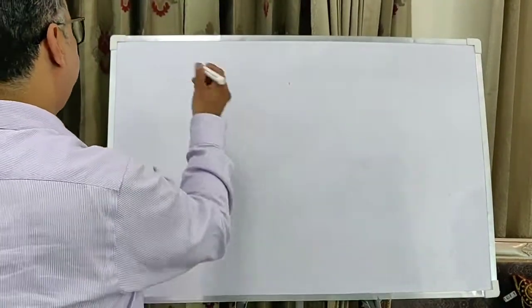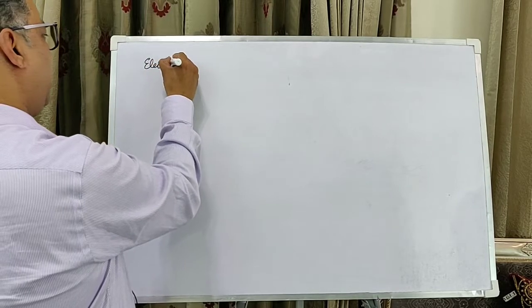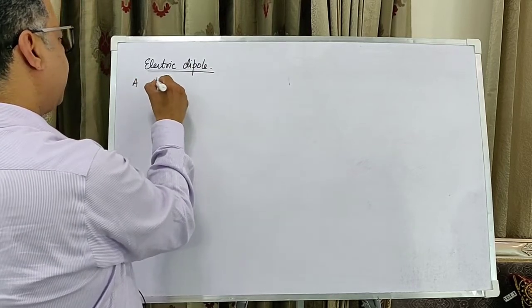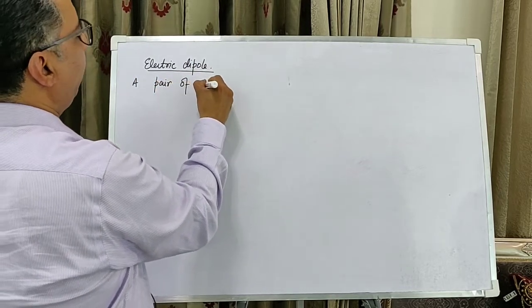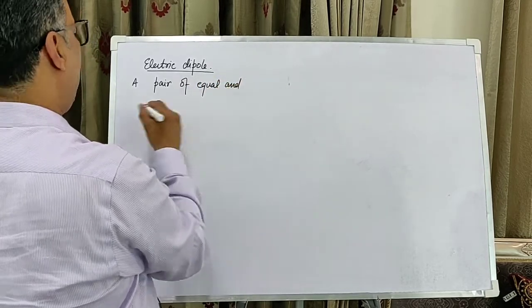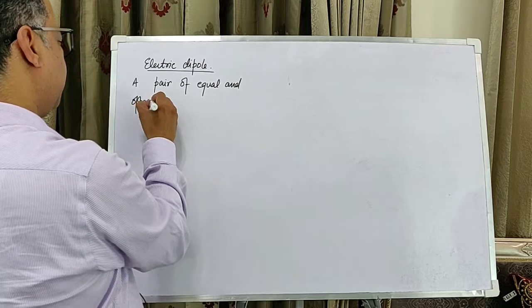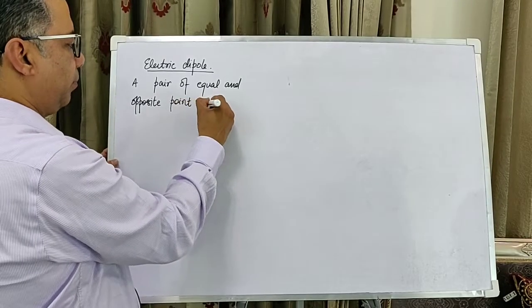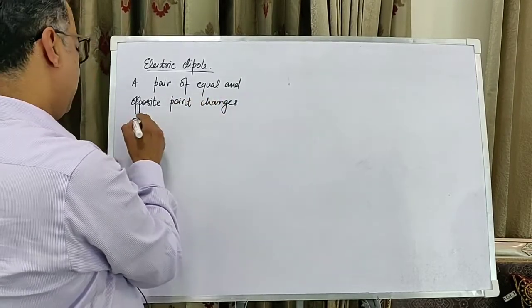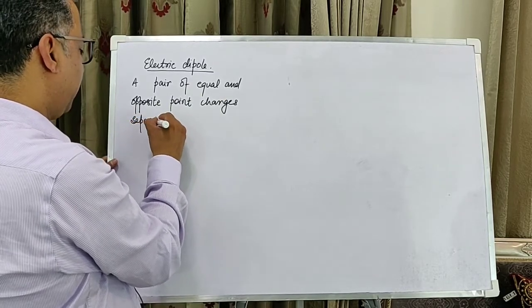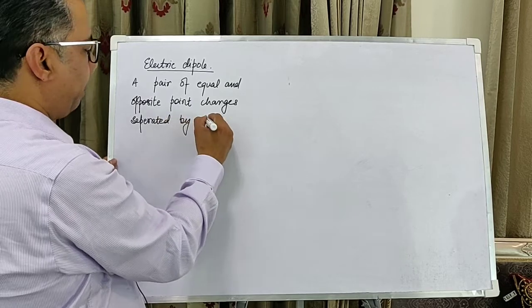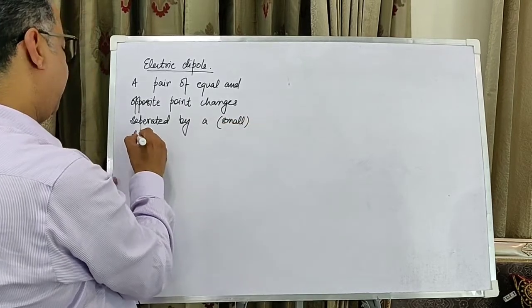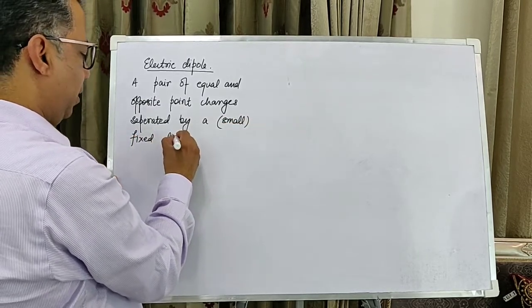An electric dipole is a pair of equal and opposite point charges separated by a usually small fixed distance.